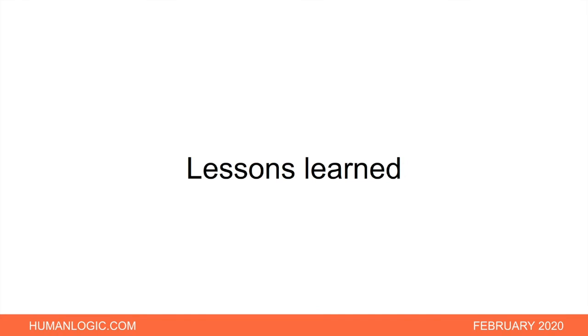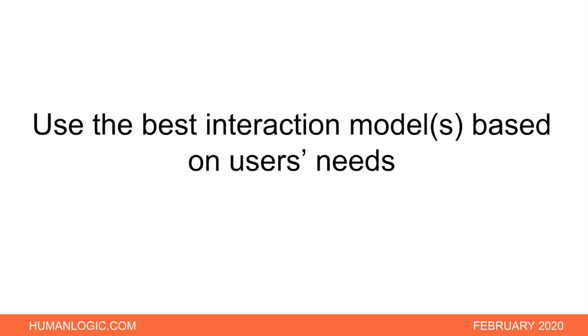And so we learned a lot of lessons in developing this, especially the things that we think are worth noting. We really recommend that you use the best interaction models based on what your users need. Users told us we need to be able to pin our favorite sensors to the top of the list. We built that and deployed it, and we really needed to listen to users.